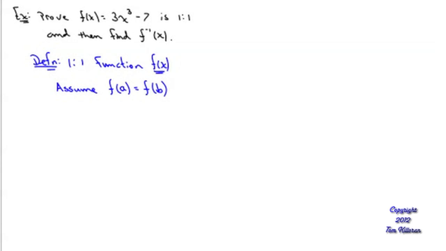They have to be equal. So a has to equal b. Then a equals b if f of x is 1 to 1. Well, it's kind of another definition of 1 to 1. If you have this set up and a equals b, then f of x is definitely 1 to 1.